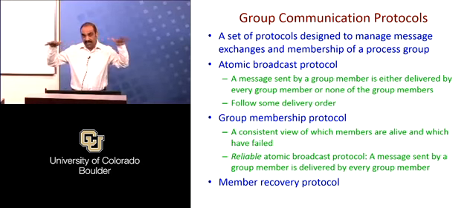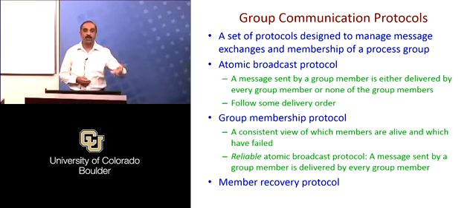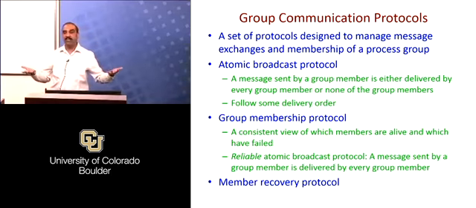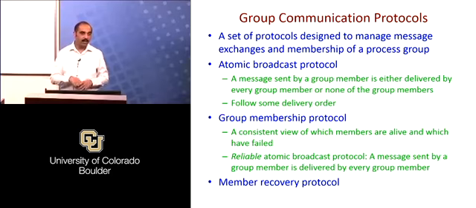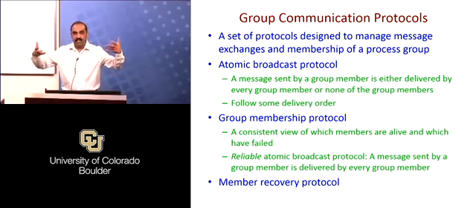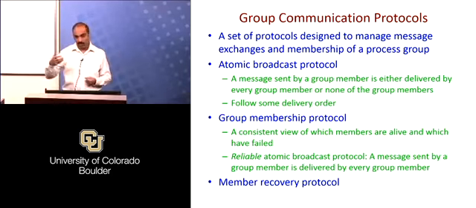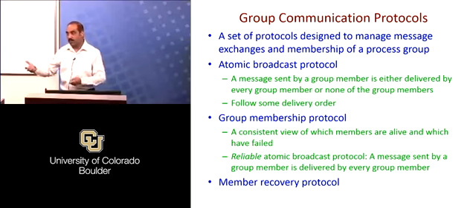So that's basically an application semantic that determines what order. ISIS provides different types of ordering. It will provide a FIFO ordering, a causal ordering, and a total ordering. As an application, you choose which ordering you want depending on the application semantics.